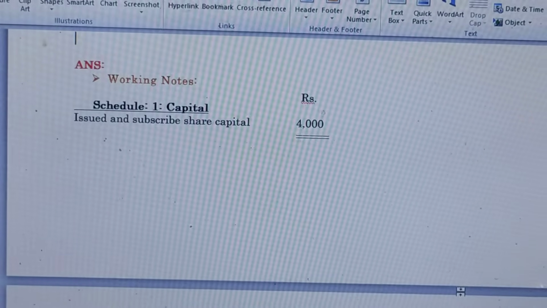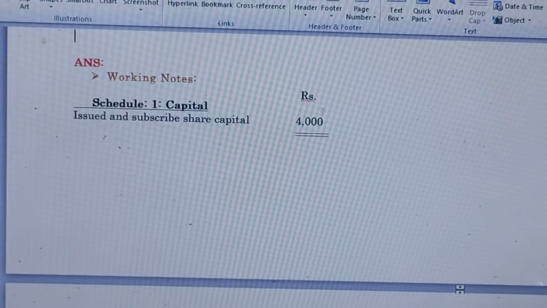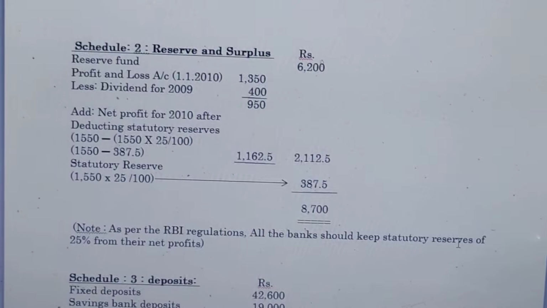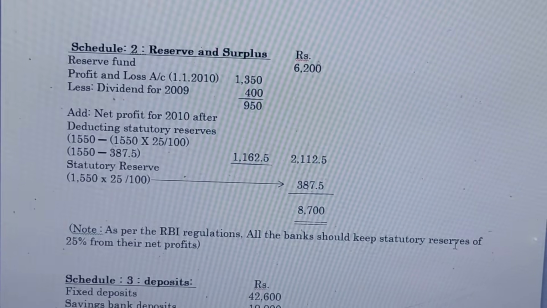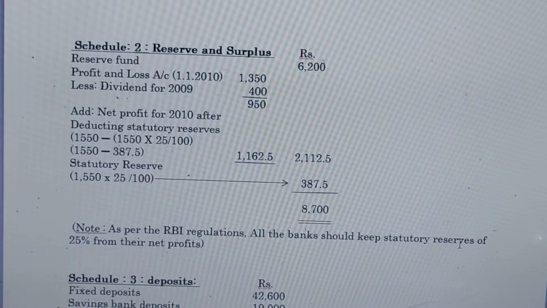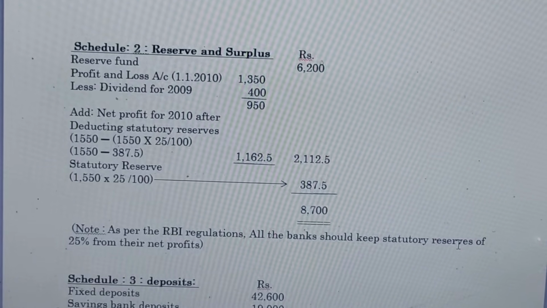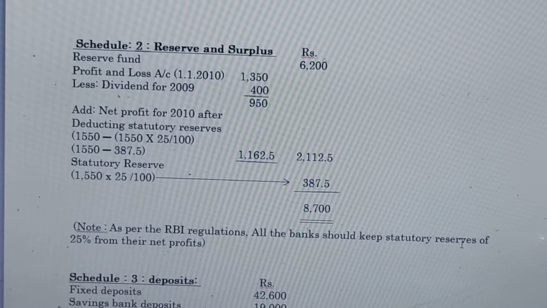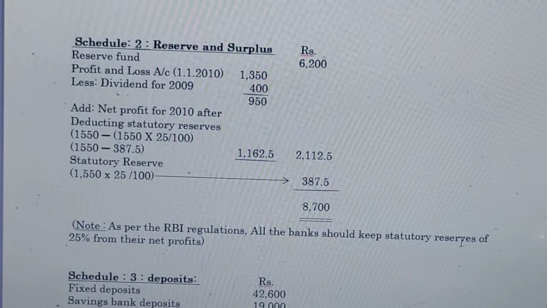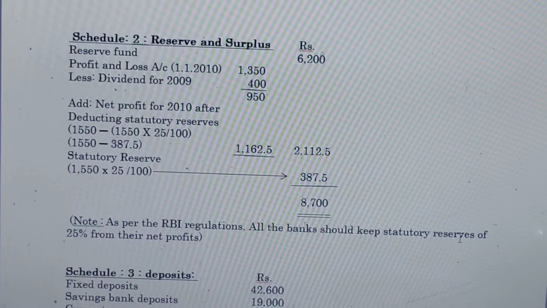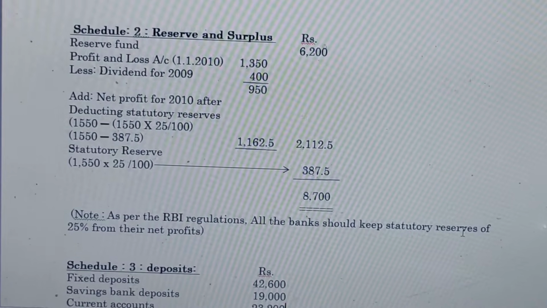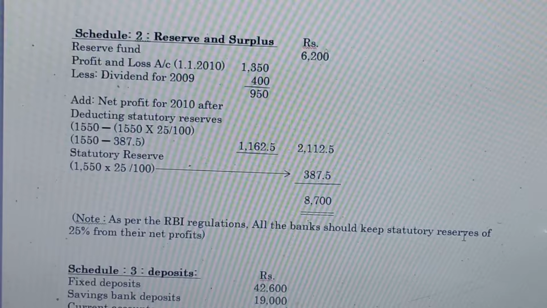Issued and subscribed share capital rupees 4,000, that's all. Schedule number 2, reserves and surplus. Under schedule number 2, reserve fund rupees 6,200, and profit and loss account as on 1/1/2010 is rupees 1,350. This is also from the question.